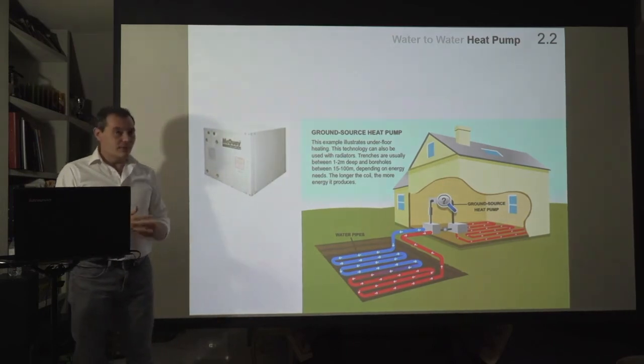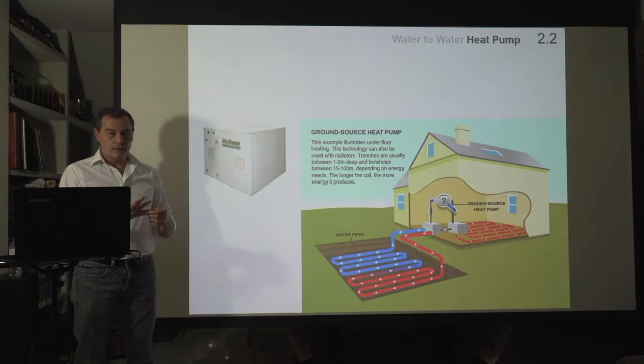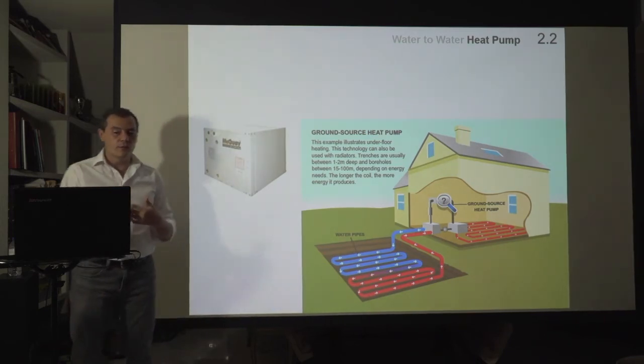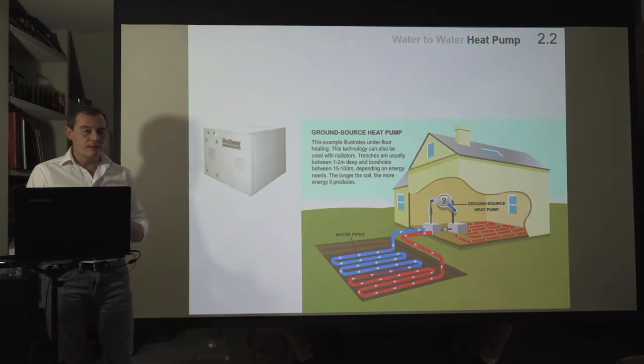Again, it's very efficient. It's more expensive, but in the long term, it pays off because we are saving a lot of energy with these kind of systems. Although the initial investment probably it's too high.